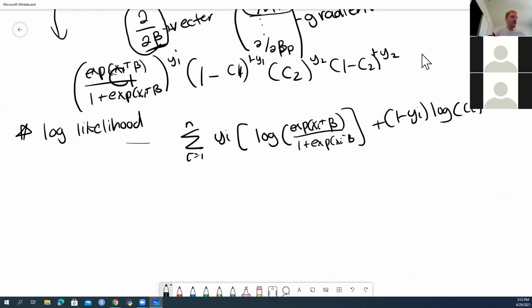What you would then do is take the derivative with respect to each beta i. Let's simplify this.